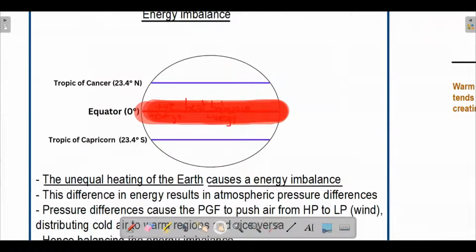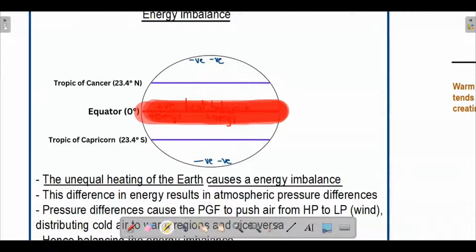at the poles. We discussed that the poles receive oblique sun rays, and that these rays are spread over a large area. This makes the insolation they receive comparatively small.